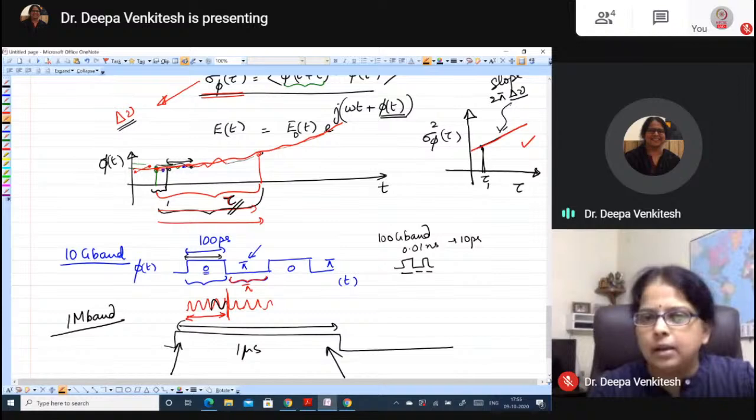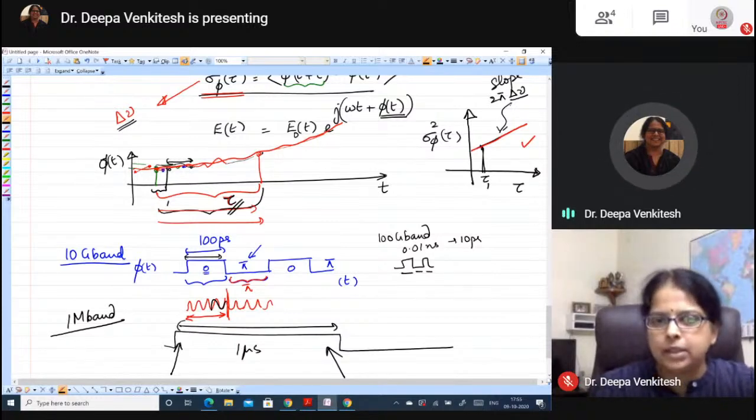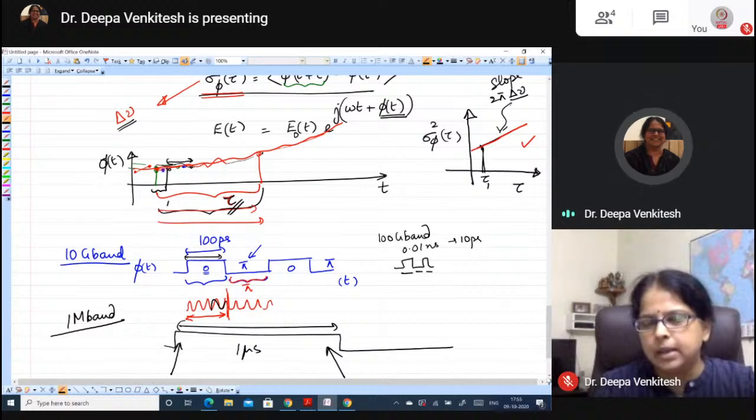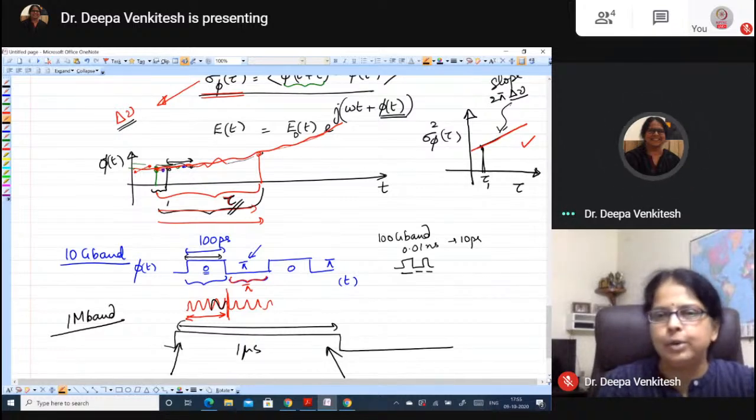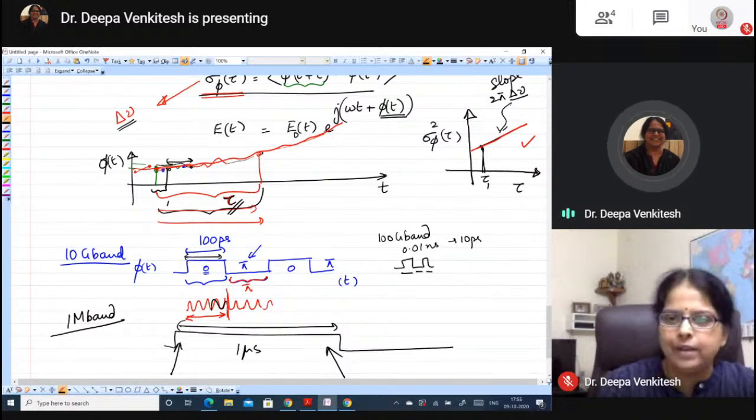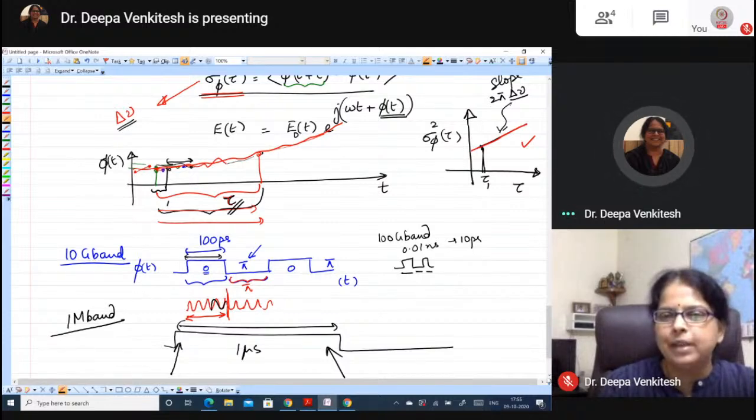Okay, so going back to Rajshekhar's question, highest spectral efficiency at the Nyquist sampling. Nyquist sampling already defines what is a sampling for a given baud rate. I'm not going to give away an answer. I would give you the tips how to solve it. You please solve it and put it back in the forum, and we will discuss. Because if I give away an answer, then you will just accept it.